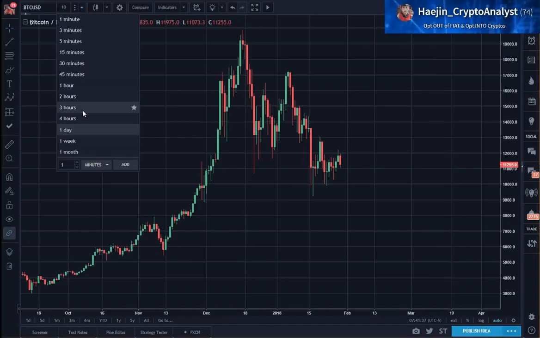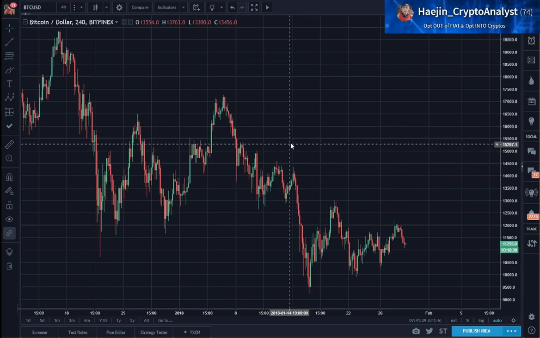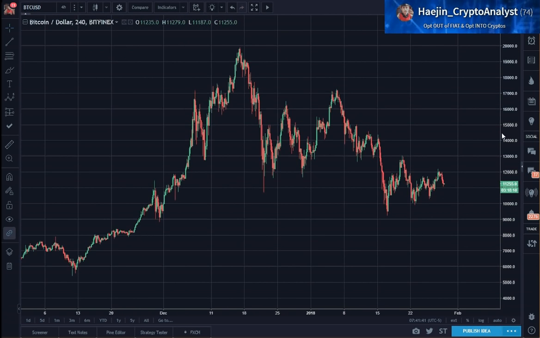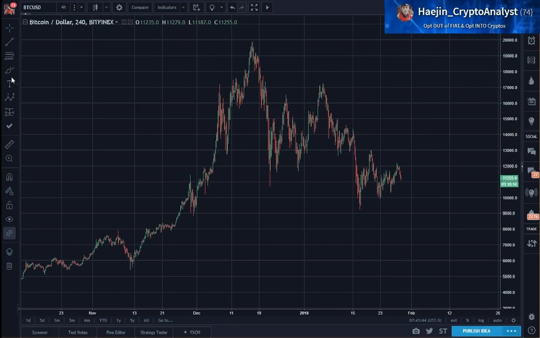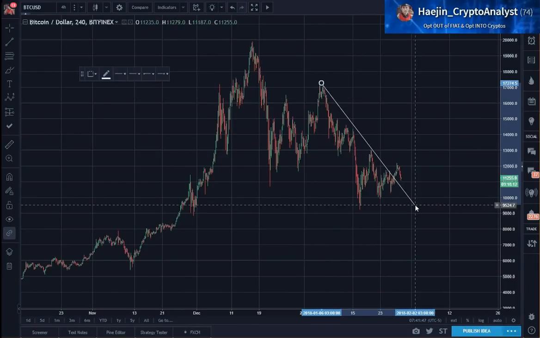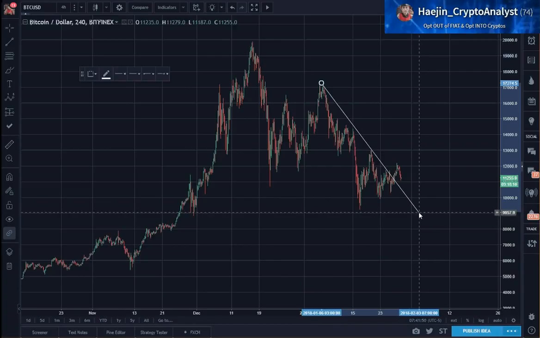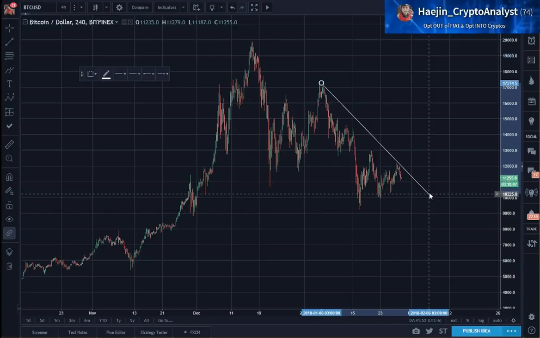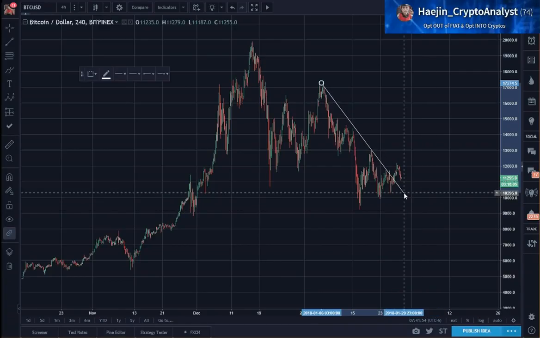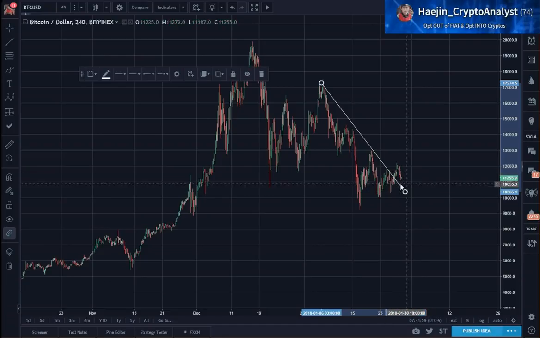If we go to the 4 hours, price is just about to sit on this line as support.